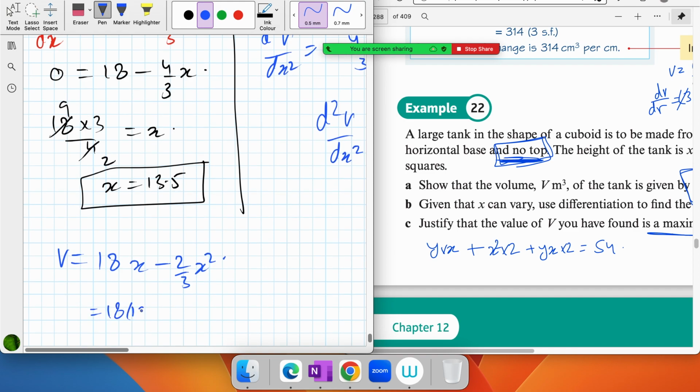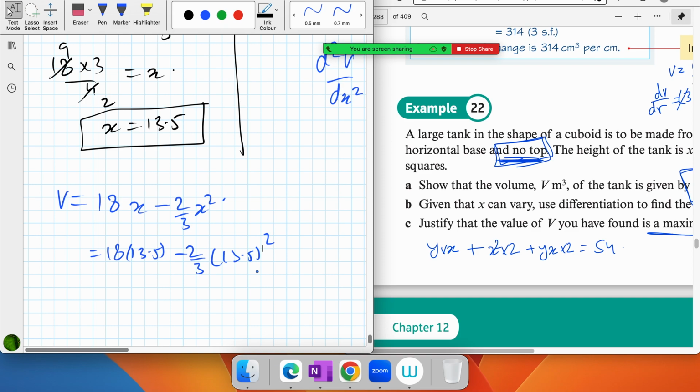So at 13.5, this is one of the ways, and I'm going to find the value. 18 into 13.5 minus 2 by 3 into 13.5 squared. So it is 121.5.